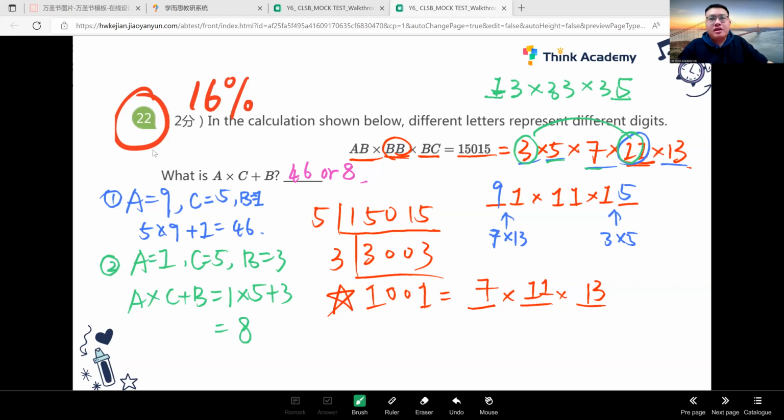So you see, this number equals 3 times 5 times 7 times 11 times 13, right? I'm going to rearrange them and put them into different groups, basically 3 groups. And that's going to give me this form over here, A, B, B, C. So in the middle, those 2 numbers must be the same. And I found 11 is over here.